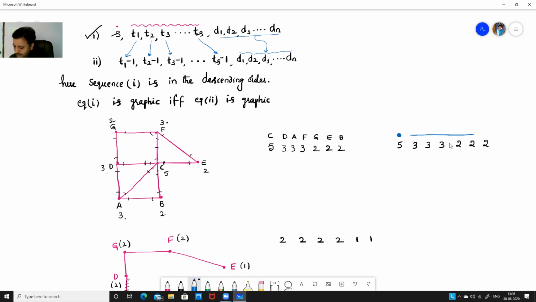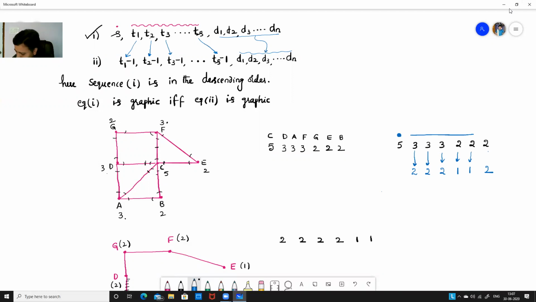Therefore, from 3 we subtract 1. 3 minus 1 is 2. Again 3 minus 1 is 2. 3 minus 1 is 2. And 2 minus 1 is 1. 2 minus 1 is 1. The remaining one we write as it is, that is 2 only. After writing this, now arrange them in decreasing order, because this is not in decreasing order.